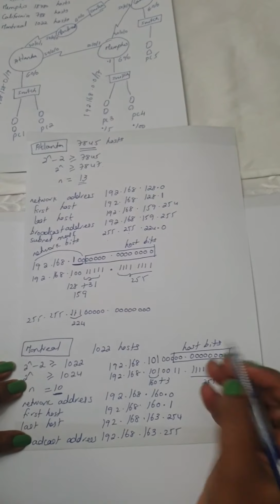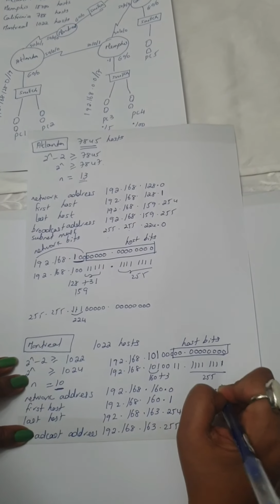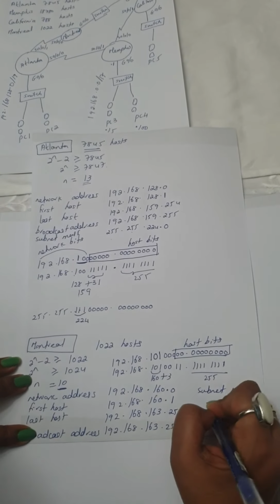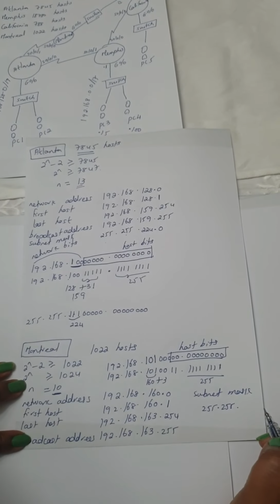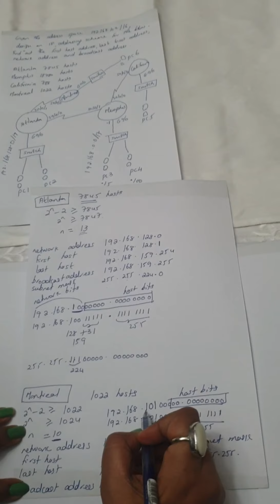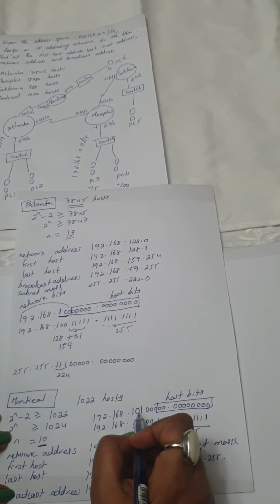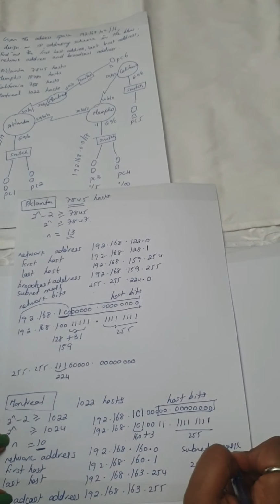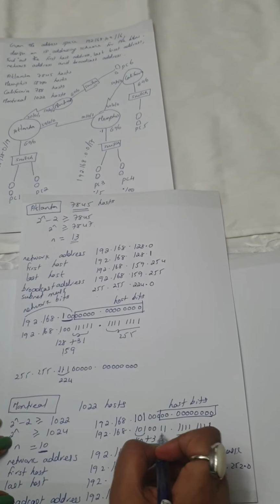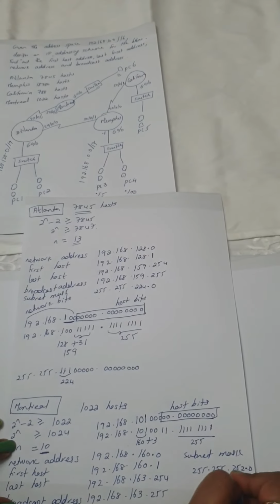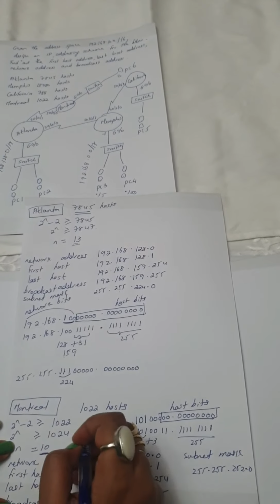And what about the subnet mask? So subnet mask 255.255. Now all these here will come to 1. So it will be 252.0. 255 minus 3 would be 252.0 for Montreal.